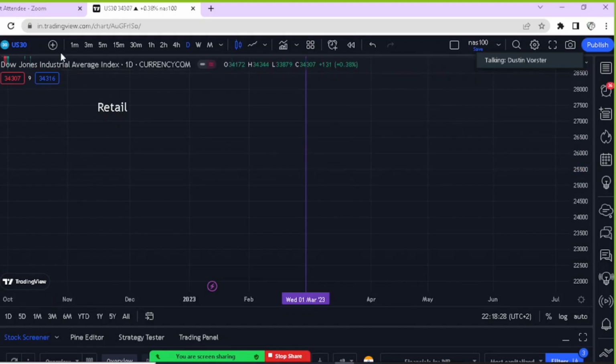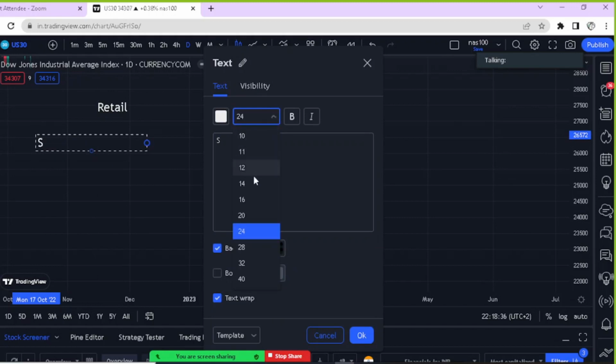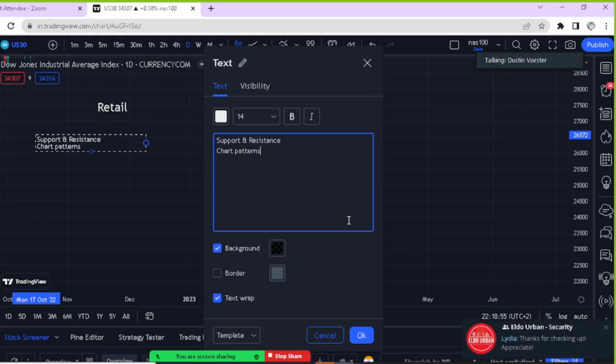Okay, cool. So if we looked at retail methods, standard retail methods teach us things like... I'm going to write it so that it's easier, instead of trying to draw it, it's going to be ugly. So we do support and resistance. We do chart patterns.